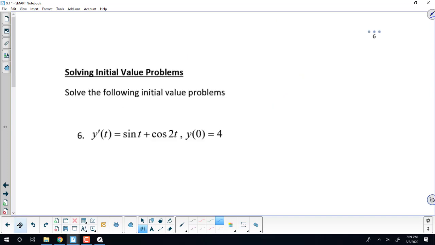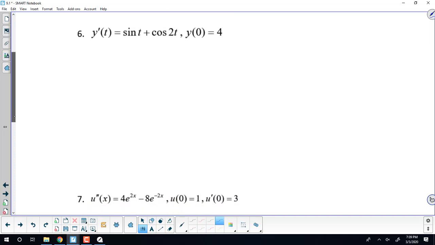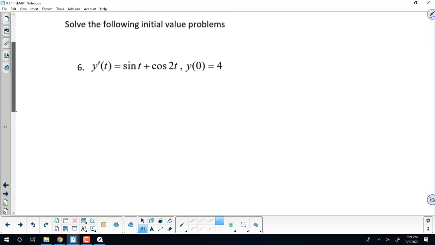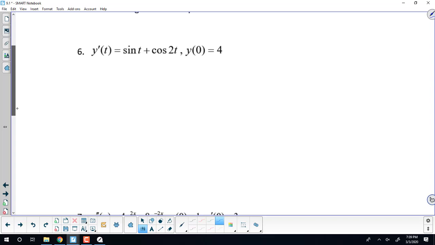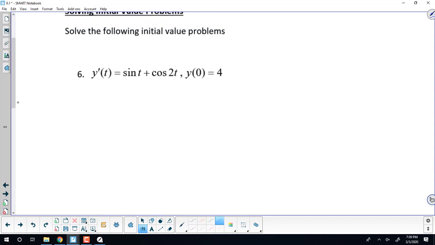Solve the following initial value problems. We have two of these. For one, first derivative and second derivative here. Antiderivative of sine t plus cosine 2t.